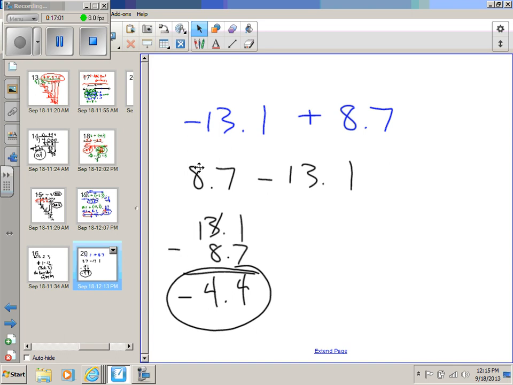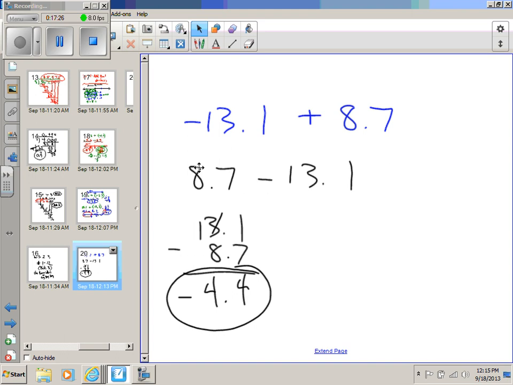Okay. Let's do this. We'll do page 77, 3 through 11. Just kind of start you off pretty slow there with some basic adding integers. And then, let's see. How about we'll do 12 through 17.